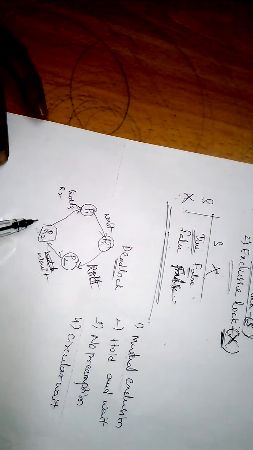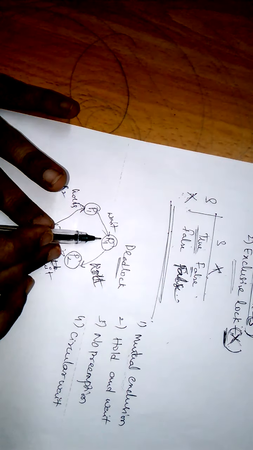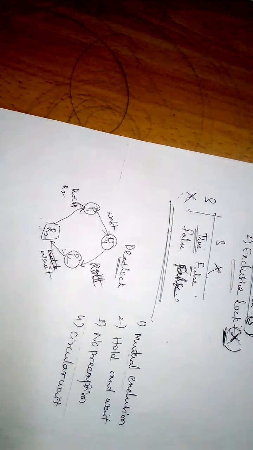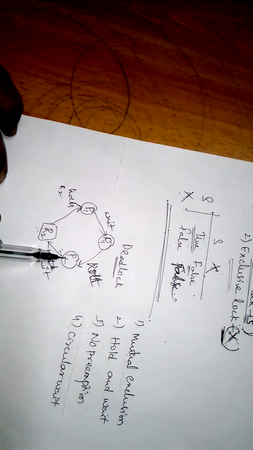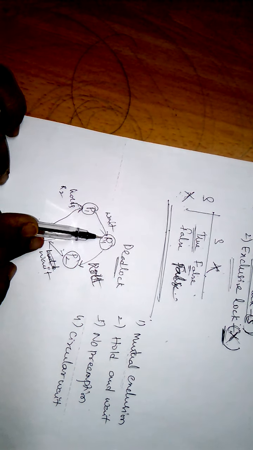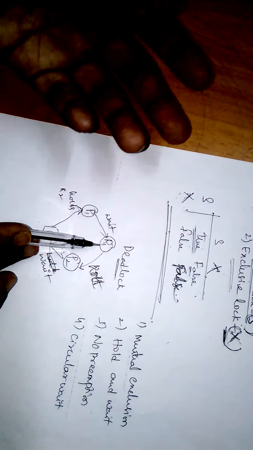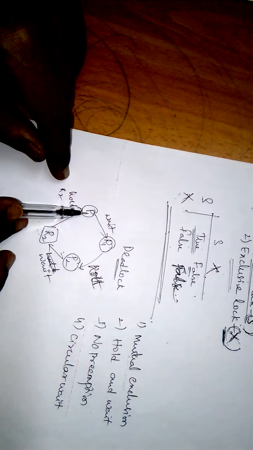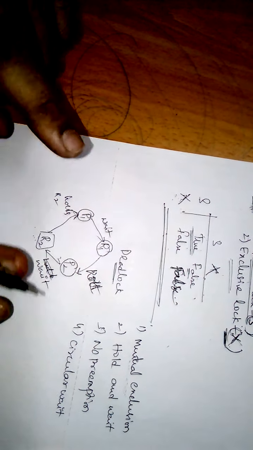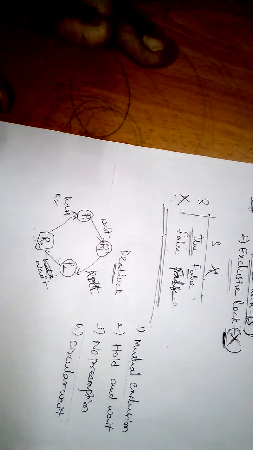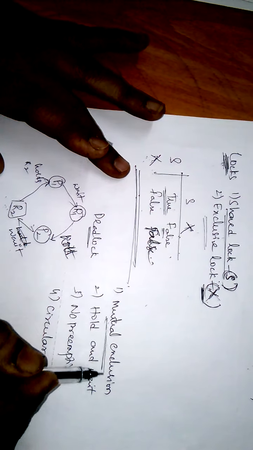Here we have two resources, and at least one, either R1 or R2, should not be used by more than one process at a time. If R1 is used by P2, it should not be requested or used by any other transaction or process. If resources are not shared, there will be no deadlock. That is the condition called mutual exclusion.